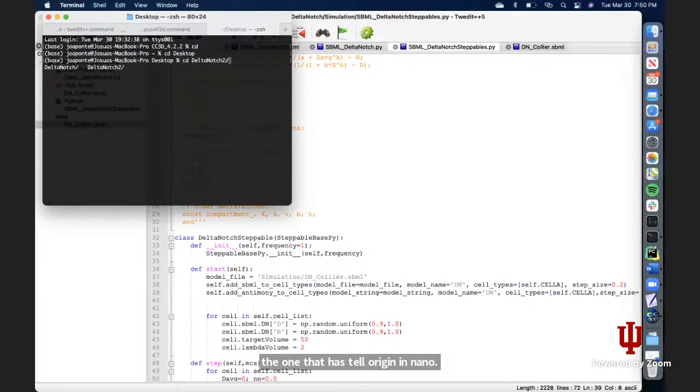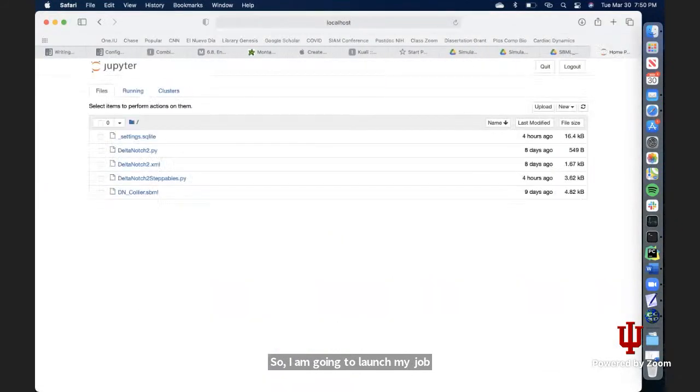Let's go here. So I'm gonna launch my Jupyter notebook locally. Oh, it's not here.